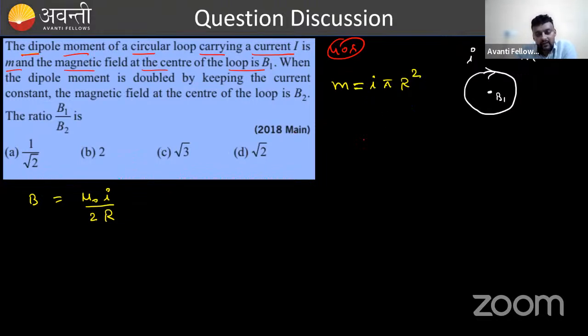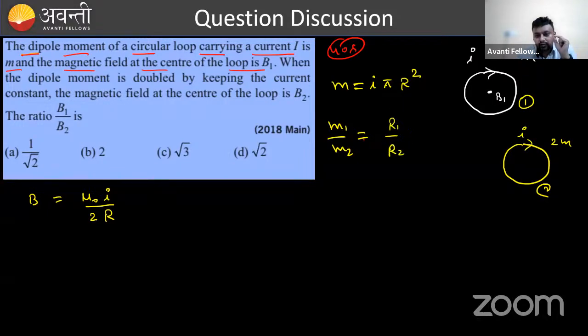Now what I am saying, let's suppose this is loop 1 and there is another loop 2. It has some magnetic moment 2M and the current is the same, I. Current is constant according to the question. Now if you say M1 over M2, what will it be?